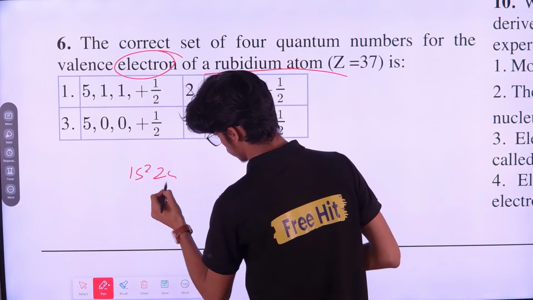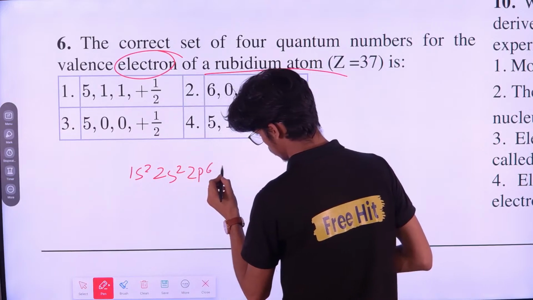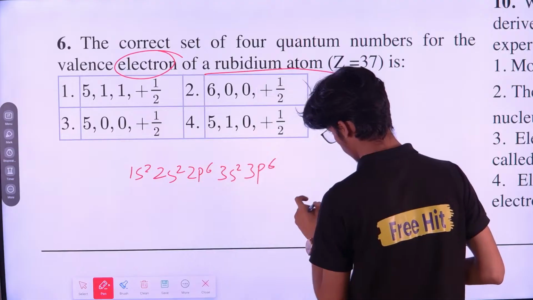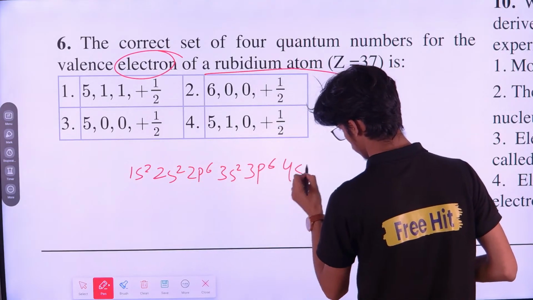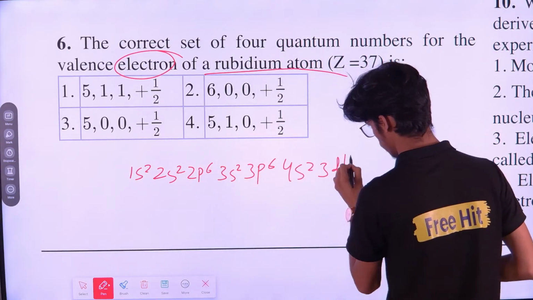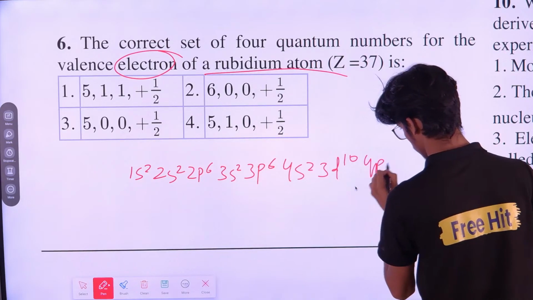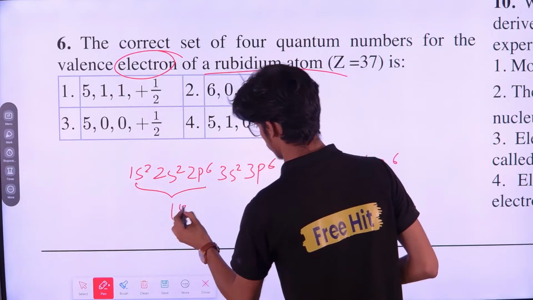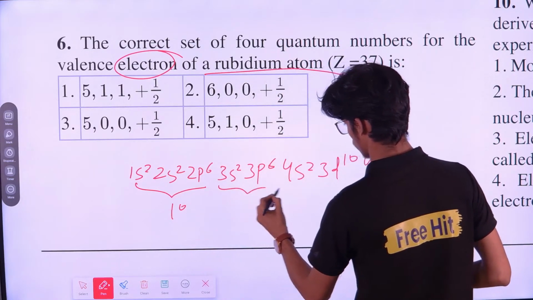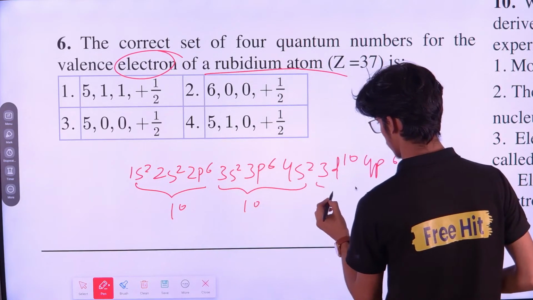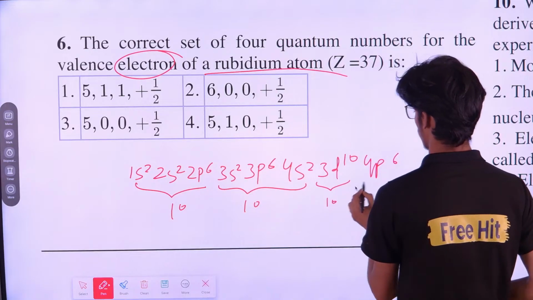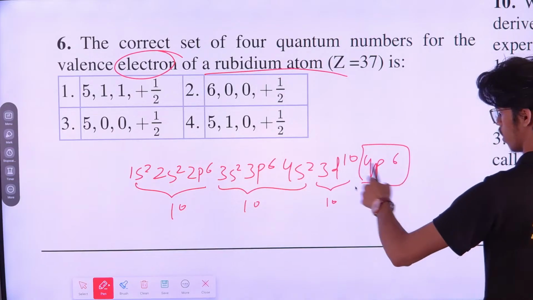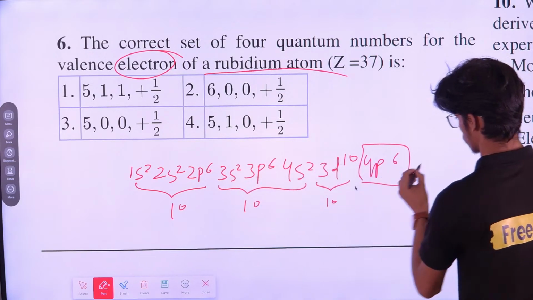1s2, 2s2, 2p6, 3s2, 3p6, and 4s2, 3d10, and 4p6. Then we have 4s2 done, 3s2, 4s2, 5s2.